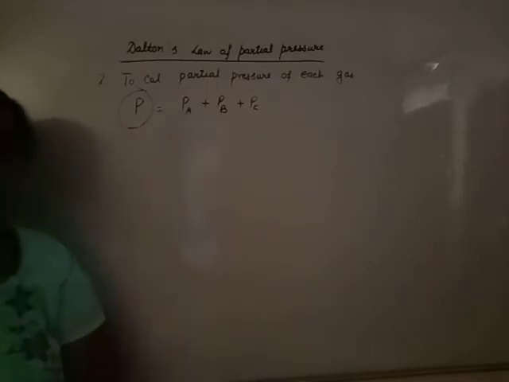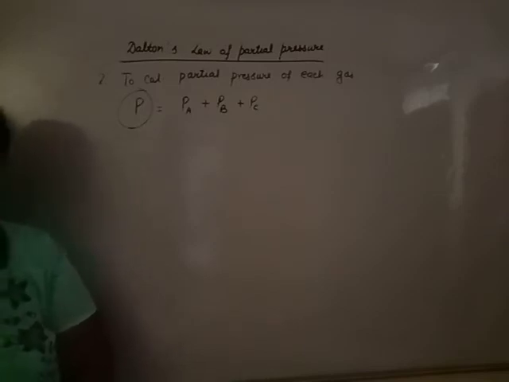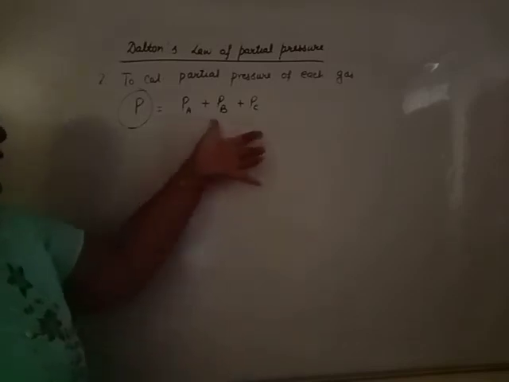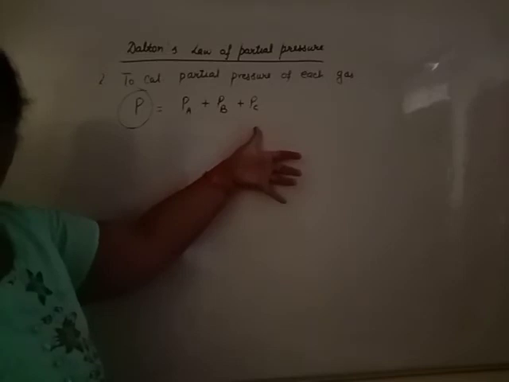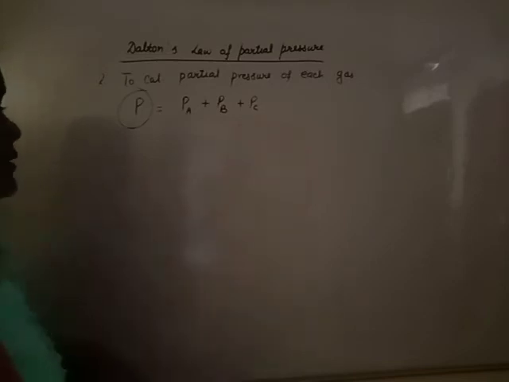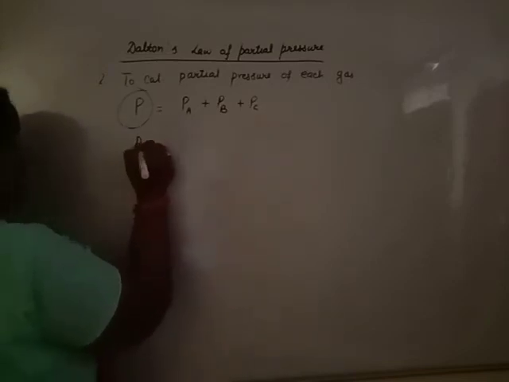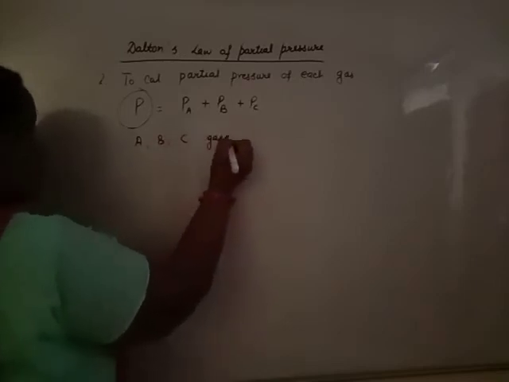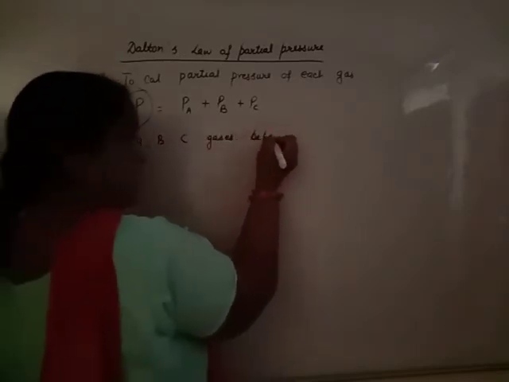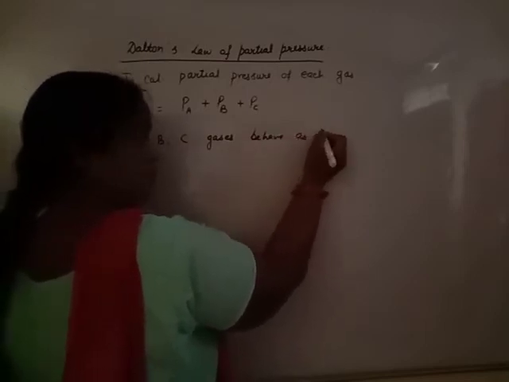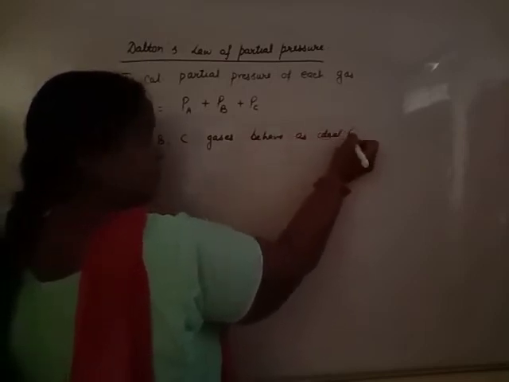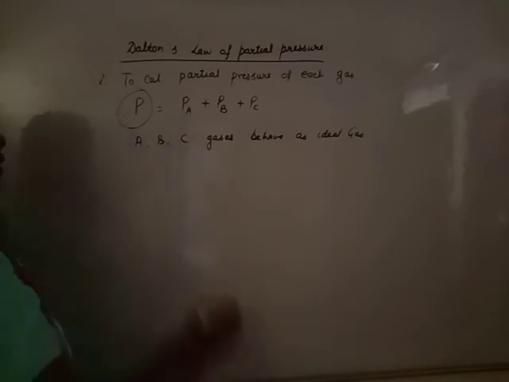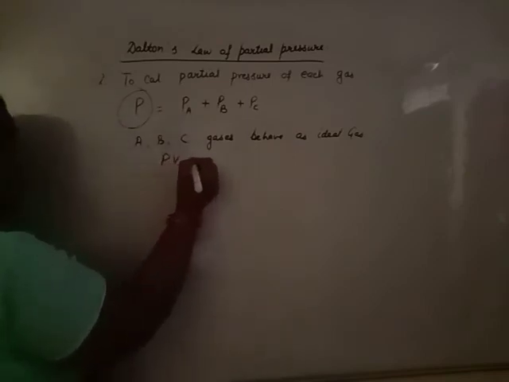How to calculate? We will calculate by using the ideal gas equation. We consider these 3 gases, A, B and C, behave as ideal gases. Then the ideal gas equation is PV equal to nRT.